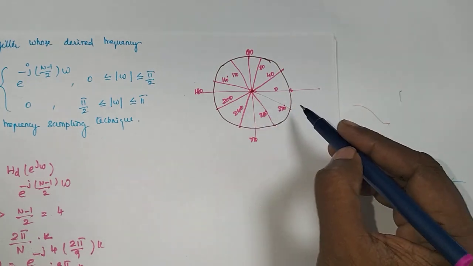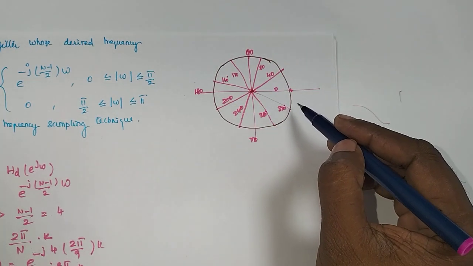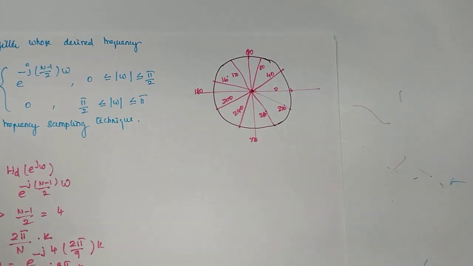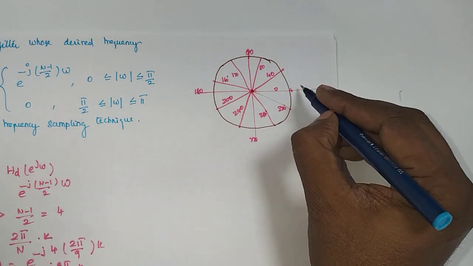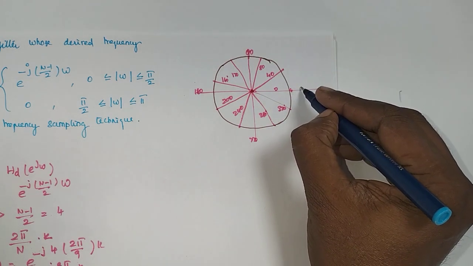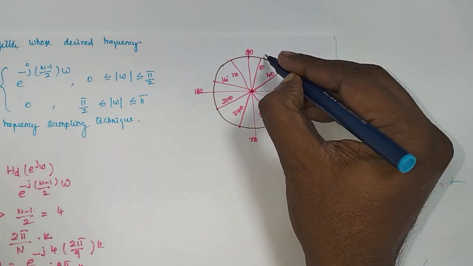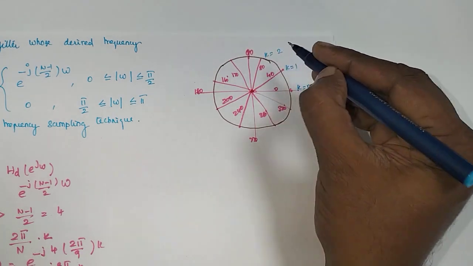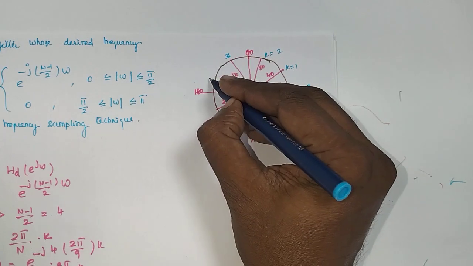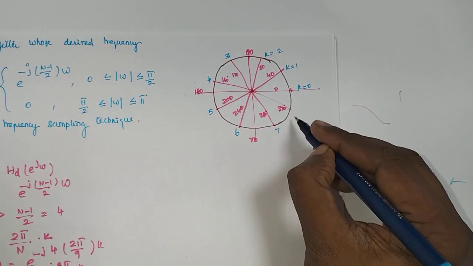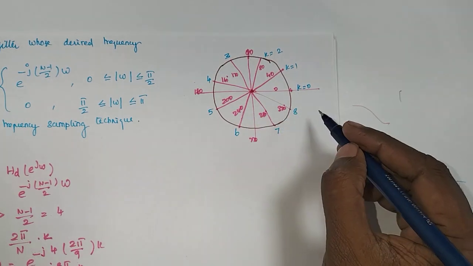So I have bisected the circle of 2 pi radians into equal parts. This one is k equal to 0, k equal to 1, k equal to 2, then 3, 4, 5, 6, 7 and 8.